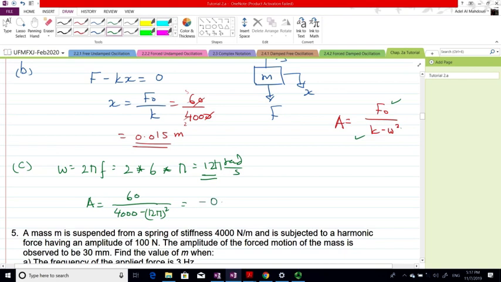So it would be minus 0.0185, and that one will be in meters. So the amplitude is 0.0185, which is the maximum, or the absolute value will be this one. This is the answer.